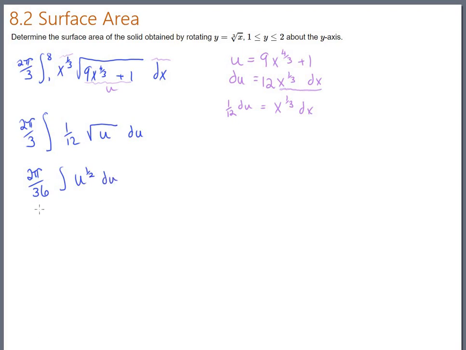Finally, I think we're going to make it. Simplify my fraction: pi over 18. This integrates to 2/3 u to the 3/2. And it's not about u, so let's rewrite this as pi. Let's see, 9 times 3 is 27, pi over 27.